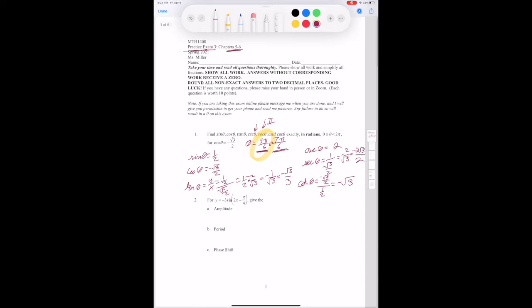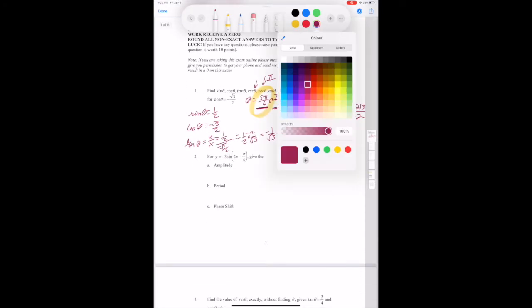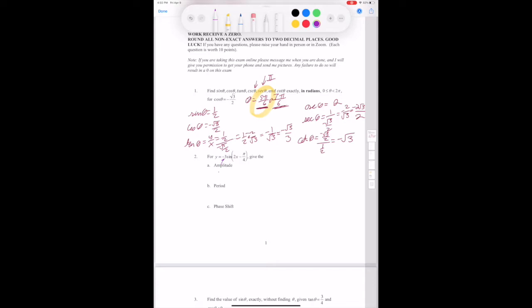For problem 2, let's pick a happier color. I want you to find the amplitude. The amplitude is the absolute value of this leading coefficient, so our amplitude is 3. Our period is 2 pi divided by omega. This is omega, this is psi.